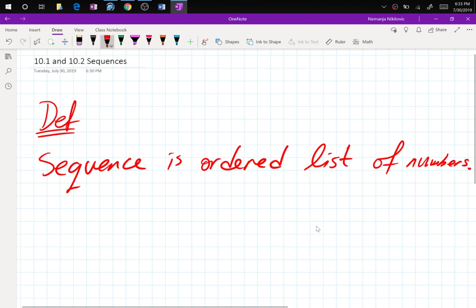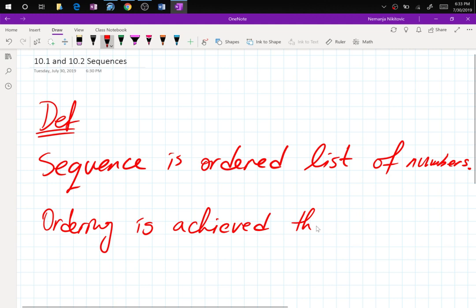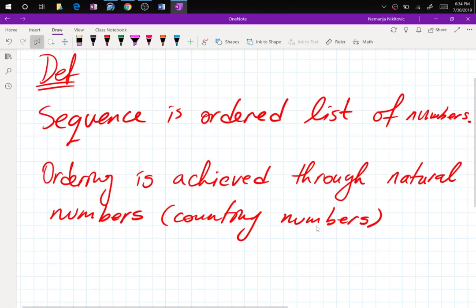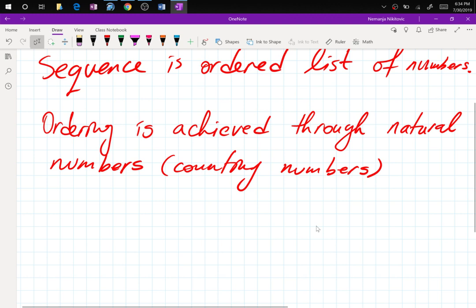Now, ordering is achieved through natural numbers, also known as counting numbers. Now, 0 doesn't really belong to this set. Sometimes we use it, sometimes we don't.